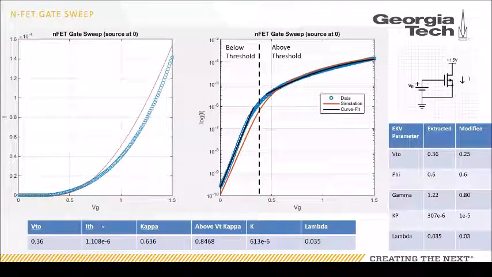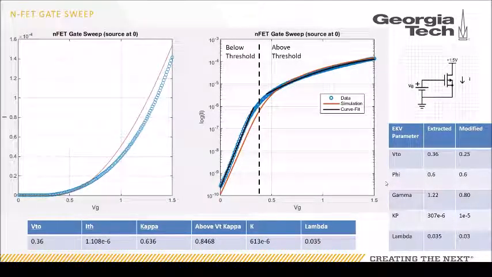The table is shown here, and in this gate sweep scenario, we extracted our threshold voltage, threshold current, and kappa value based on the data. Basically, in the below threshold curve fit, we get our kappa based on the slope, and on the above threshold curve fits, we get our threshold voltage and threshold current.